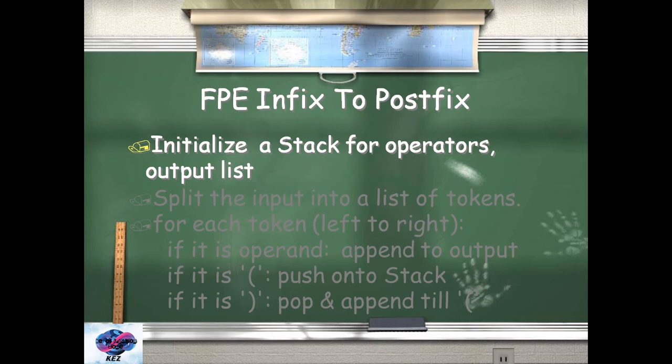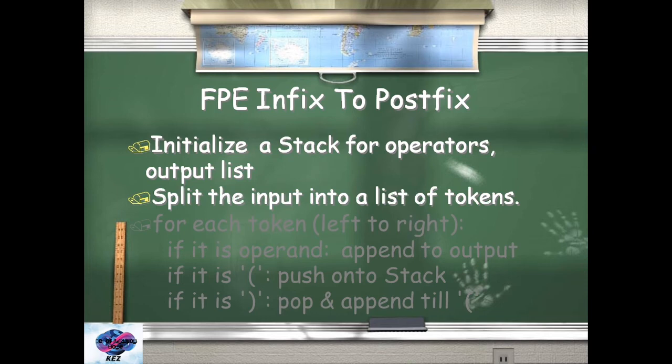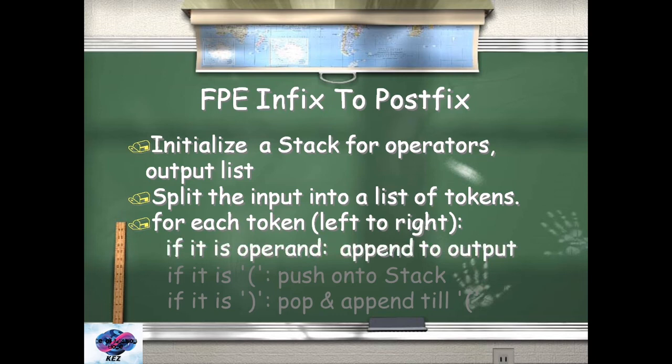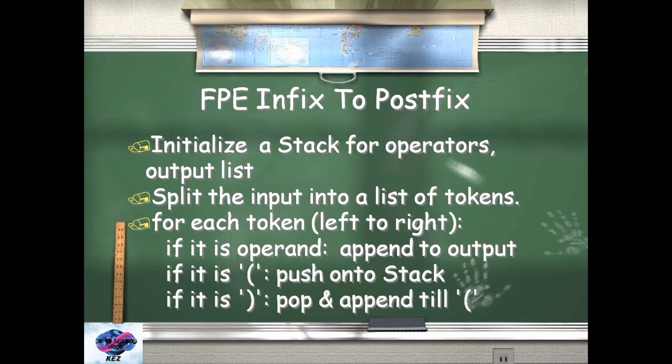Initialize the stack for the operators and the output list. Now split the input into a list of tokens. For each token from left to right, if it is an operand, append it to the output.